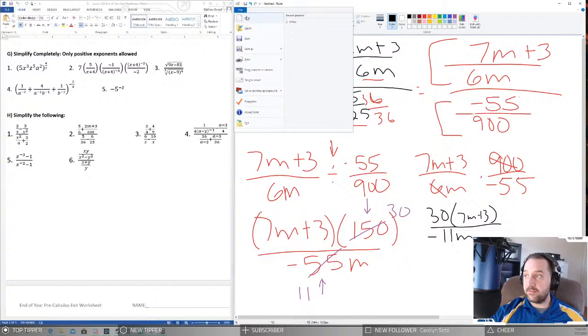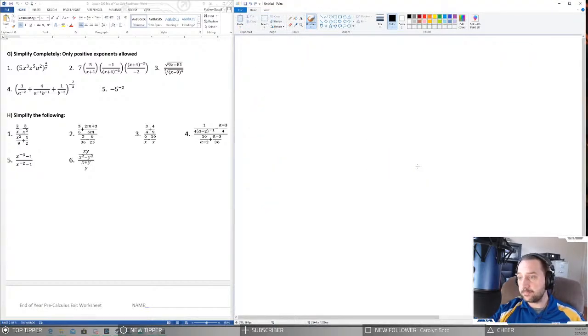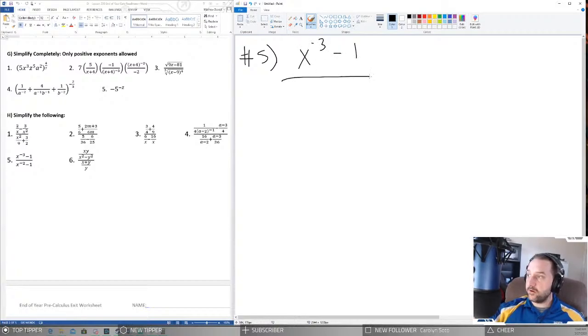Let's look at number 5. So on number 5, we have x to the negative third minus 1 over x to the negative 2 minus 1. Okay, well, at first, we should look at those negative exponents and be like, negative exponents, I don't like those. Let's get rid of them.